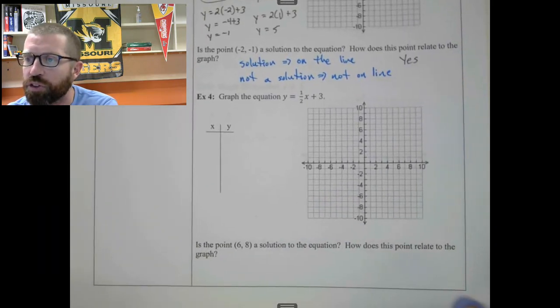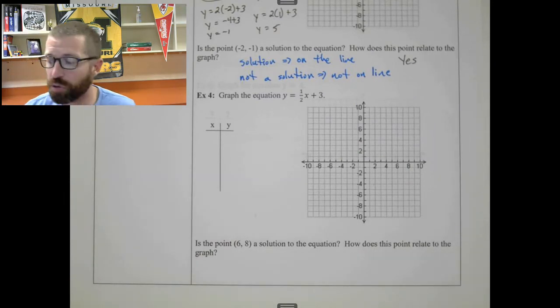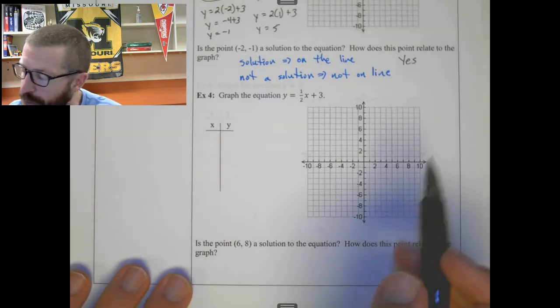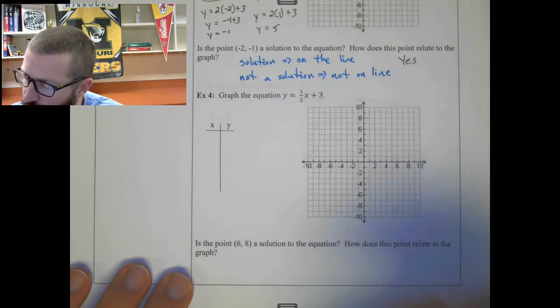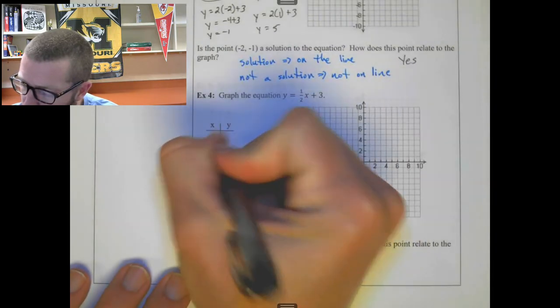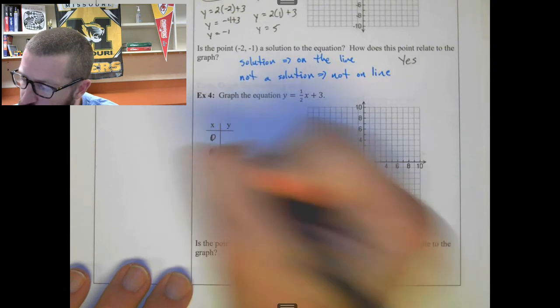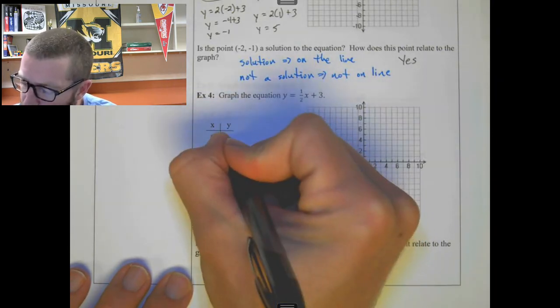Okay, and then we're going to go through these next few kind of quickly. Pause the video and try them on your own for practice, and then watch the video to see how you did. So let's mix this up a little bit. Let's do 0, 1, and 2. So when you plug in 0, this just zeroes out and you get 3.